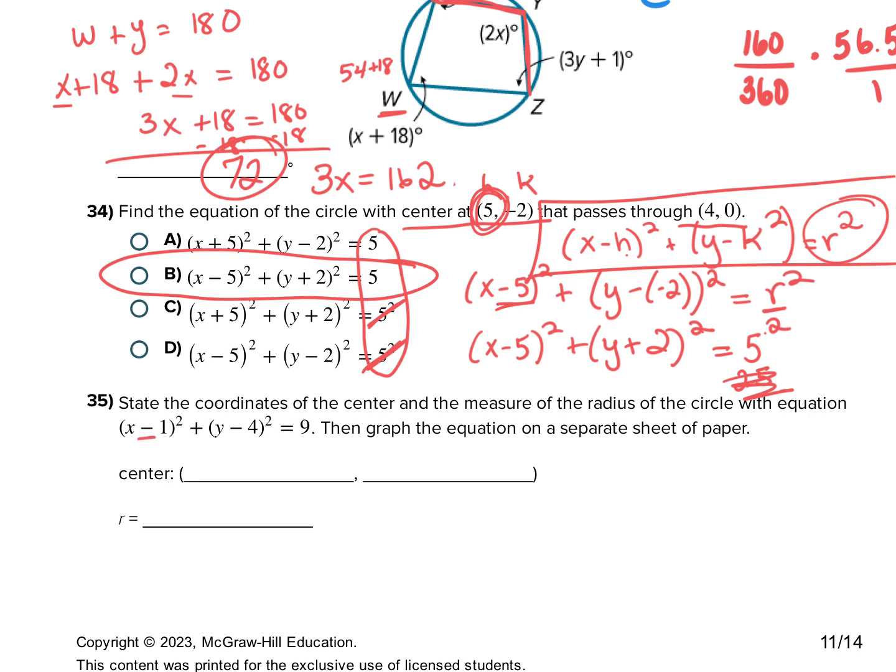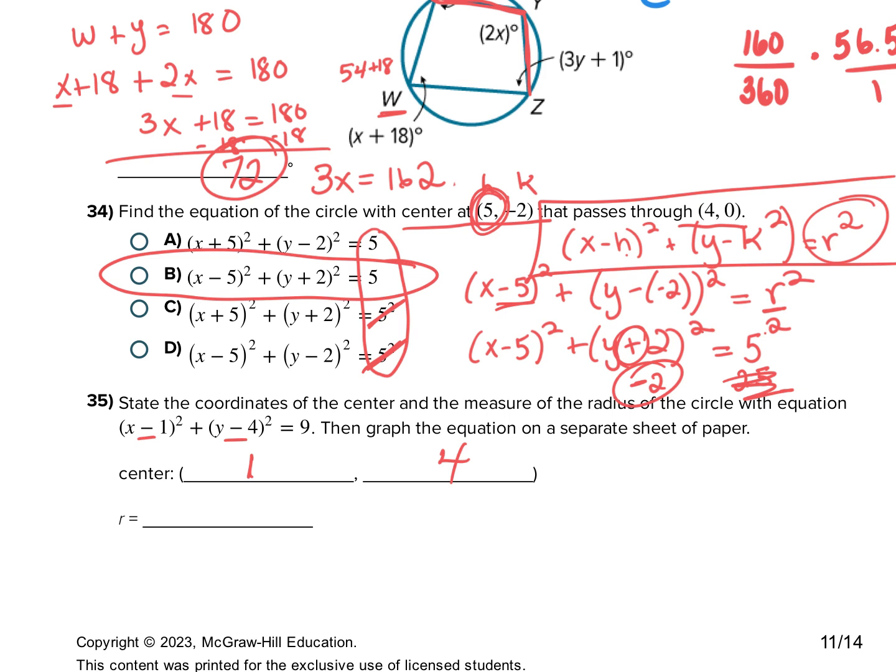So both of these signs are negative, so my center is just going to be (1, 4). Okay? If for some reason we had a positive, like we did here, then our coordinate would be negative. So the signs are actually kind of opposite.